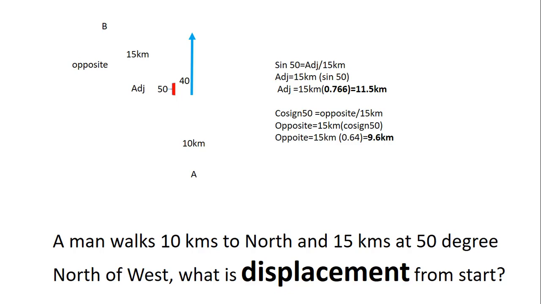I did try to make some pictorial presentations of the motion of this person. First, the person moved from point A to point B. I'm going to show you how he moved.